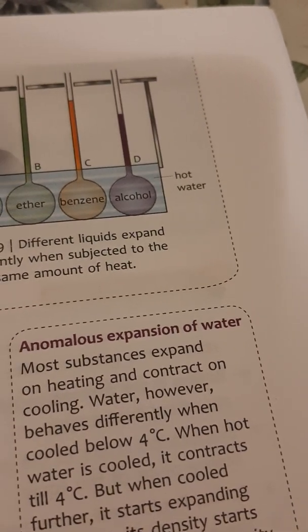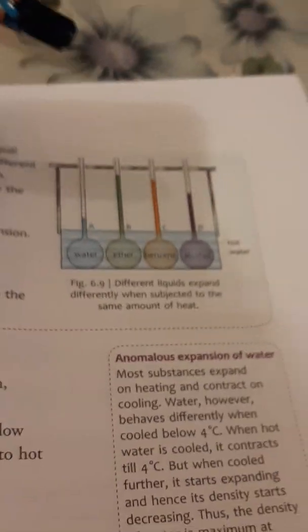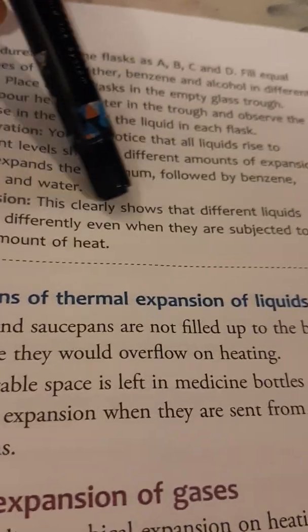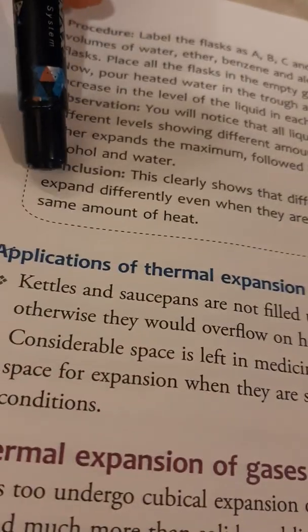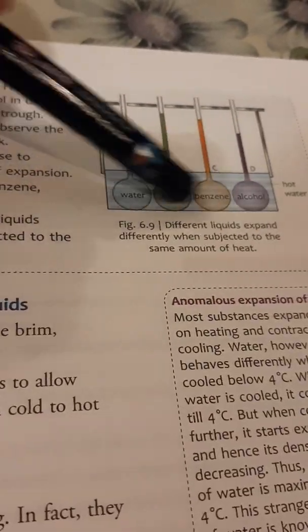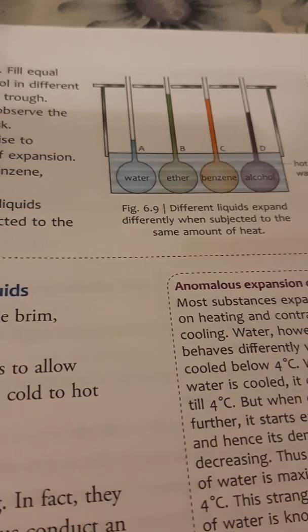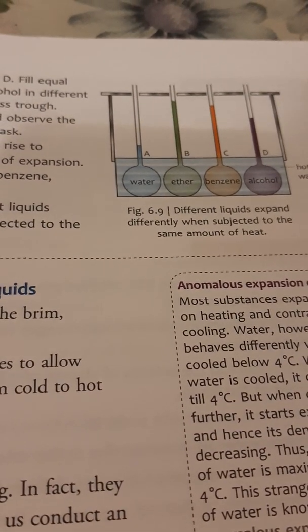So what is the conclusion? The conclusion is that different liquids expand differently when they are subjected to the same amount of heat, as they are placed in a trough with the hot water which is supplying the same heat to all four round bottom flasks.